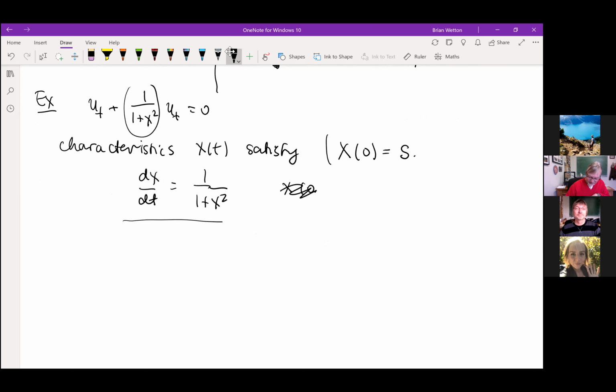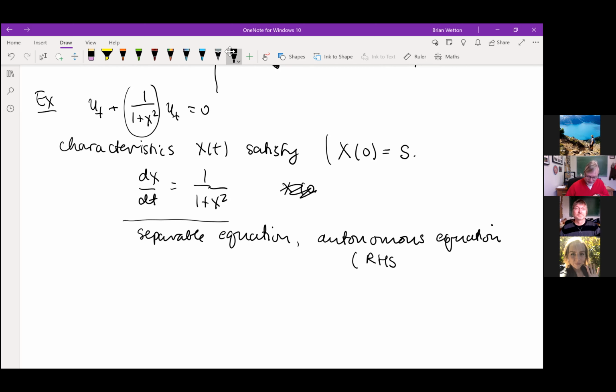And this is what's called a separable equation. Now you got to think back to Math 215 or whatever your first ordinary differential equation course was. It's a separable equation. In fact, it's an autonomous equation. That is that the right-hand side, okay, I'm going to short circuit the question.